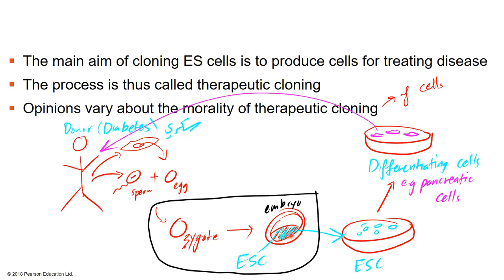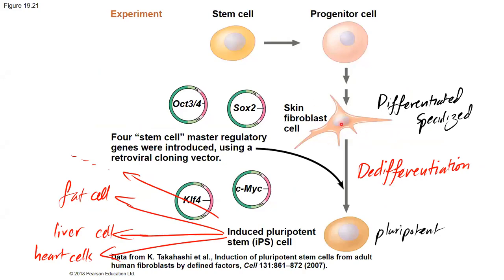Okay, so instead of taking these embryonic stem cells, which are pluripotent, by the way, and allowing them to differentiate into the desired cells, now we can take just somatic cells.